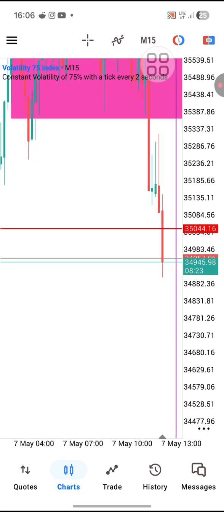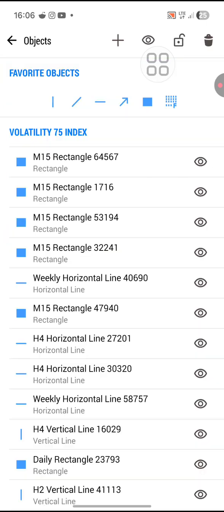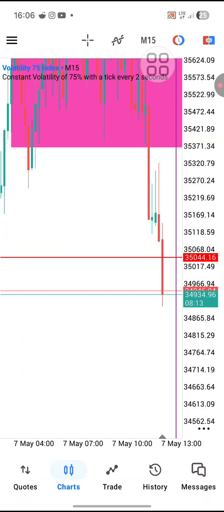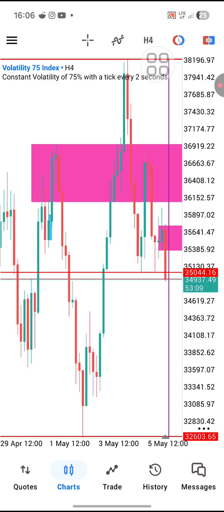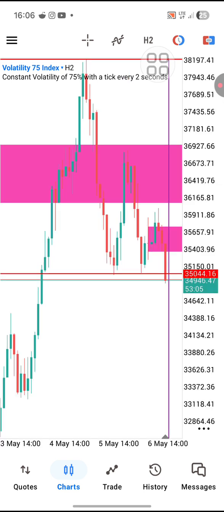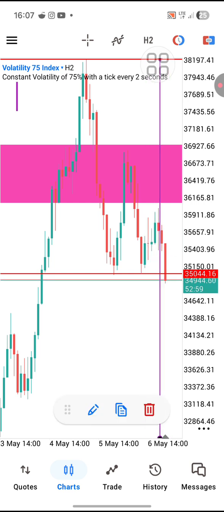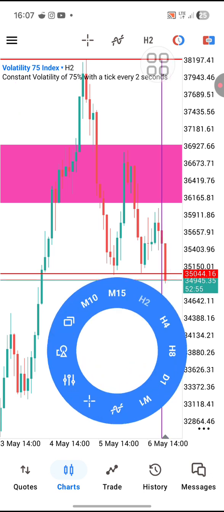It has broken the trend line, so I'll wait for a retest, then I'll enter the market, and I'll show you the profit I'll make on this trade. The 2 hour chart is really the boss.